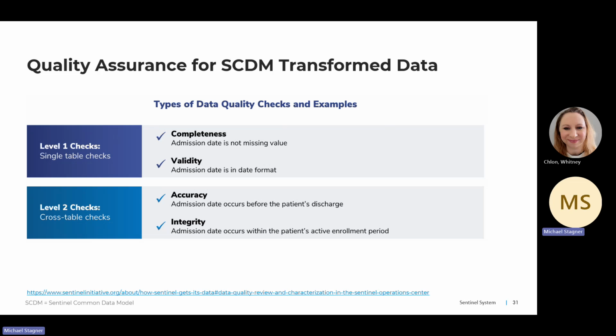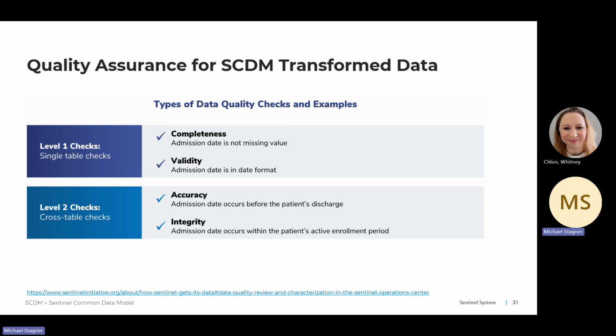For example, the SCDM requires that the variable admitting source in the encounter table is populated only for inpatient, institutional, and emergency department encounters. So if you had some sort of ambulatory visit that had an admitting source value, that would be flagged by the QA package.